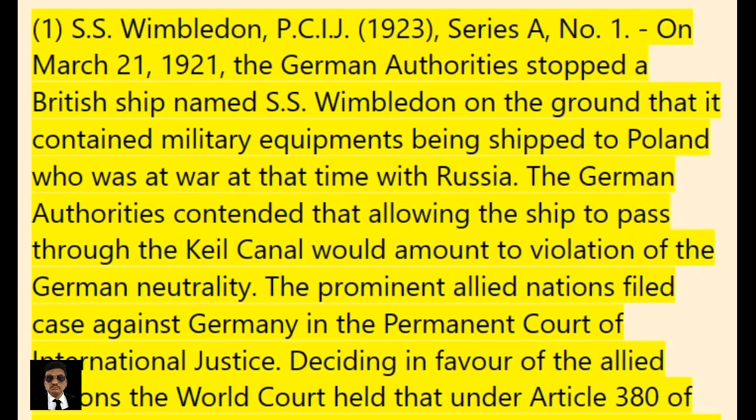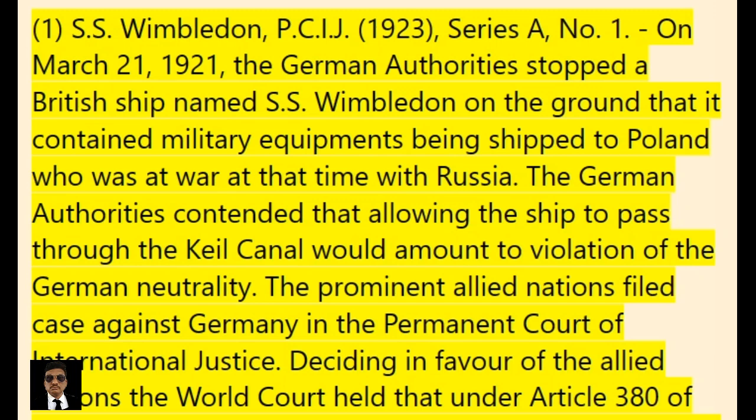The German authorities contended that allowing the ship to pass through the Kiel Canal would amount to violation of German neutrality. The prominent Allied nations filed a case against Germany in the Permanent Court of International Justice.